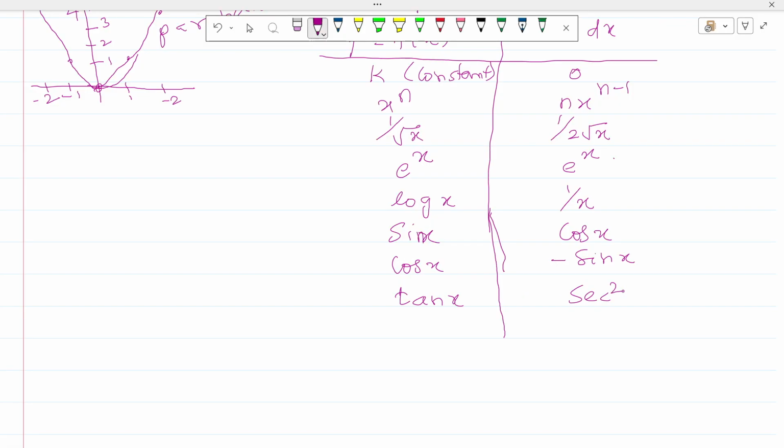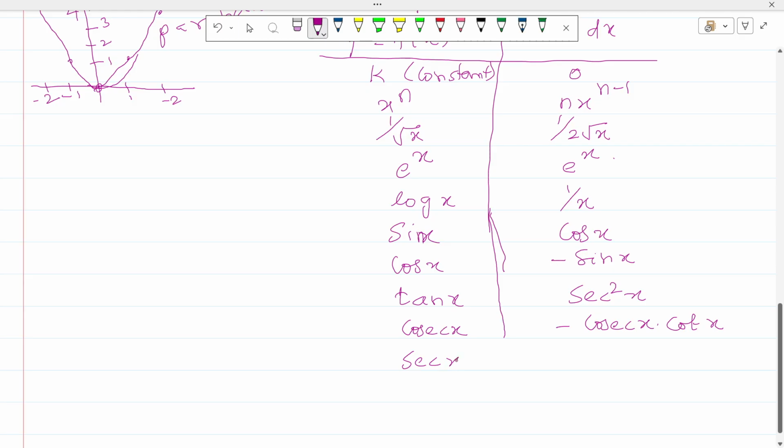is secant square x. Differentiation of cosecant x is minus cosecant x cot x.